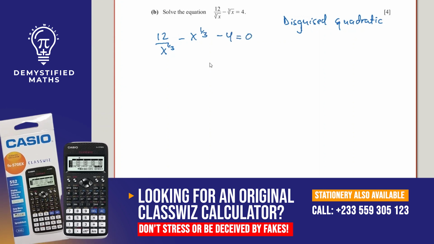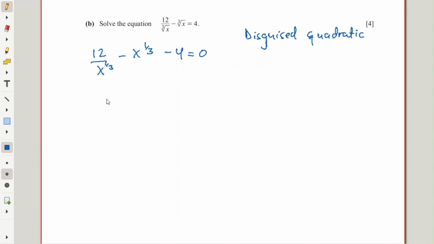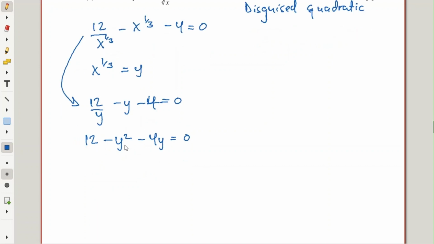So it's actually a quadratic, but they are trying to hide its form. So x to the power 1 over 3 is equal to y. So this one can be written as, what can I do at this point? I can multiply throughout by y, and that will give me a quadratic like this.